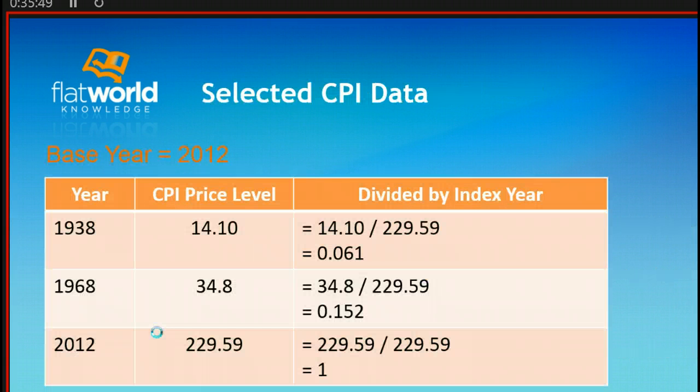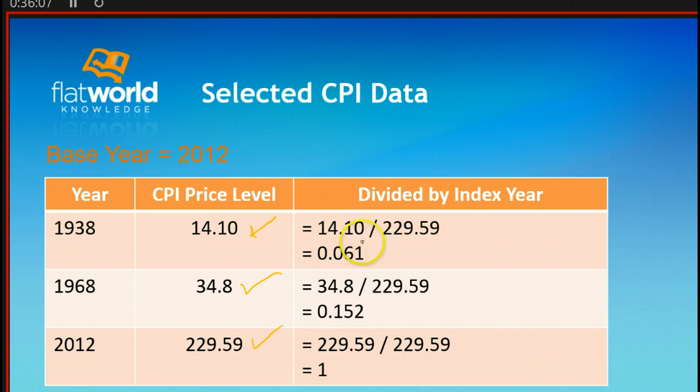So, looking at some selected CPI data, this is the United States in 3 different years. The CPI price level in 1938 was 14.10, in 1968, 34.8, and in 2012, 229.59.